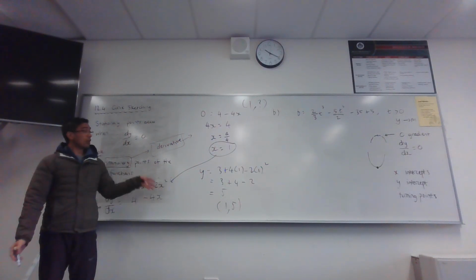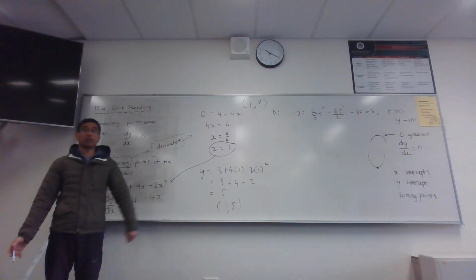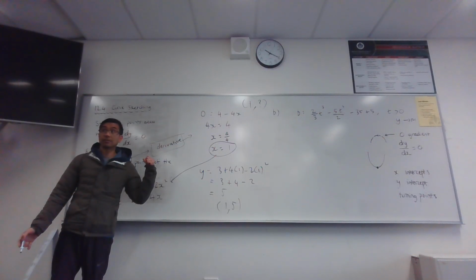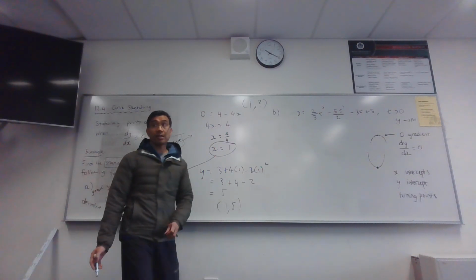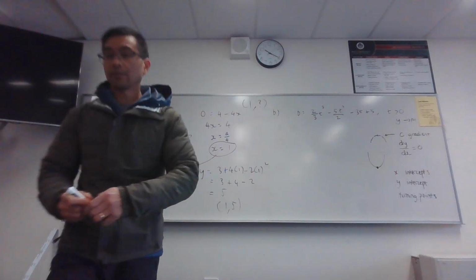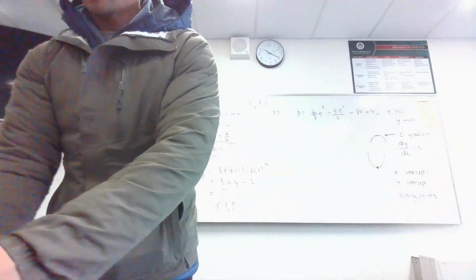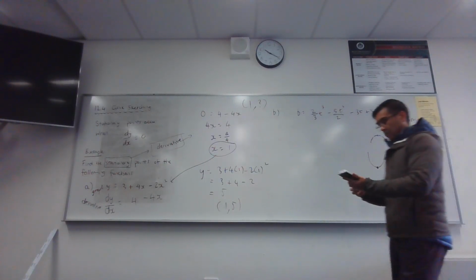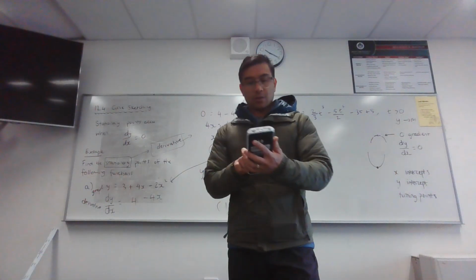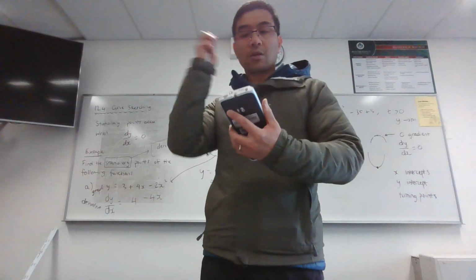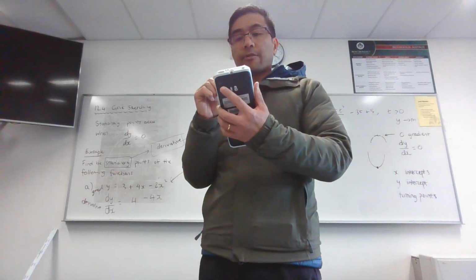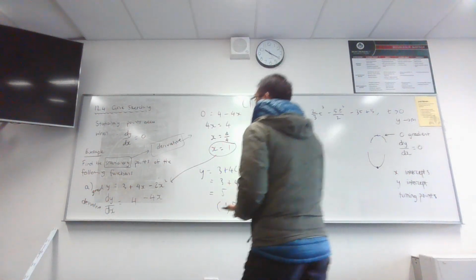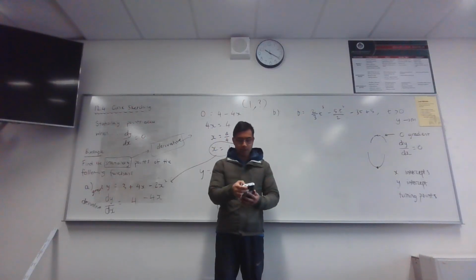Okay. If you want, you can actually get your class pad out, graph that. Let's do that now, by the way. Get your calculator. Type it in. Graph 3 plus 4x minus 2x squared.